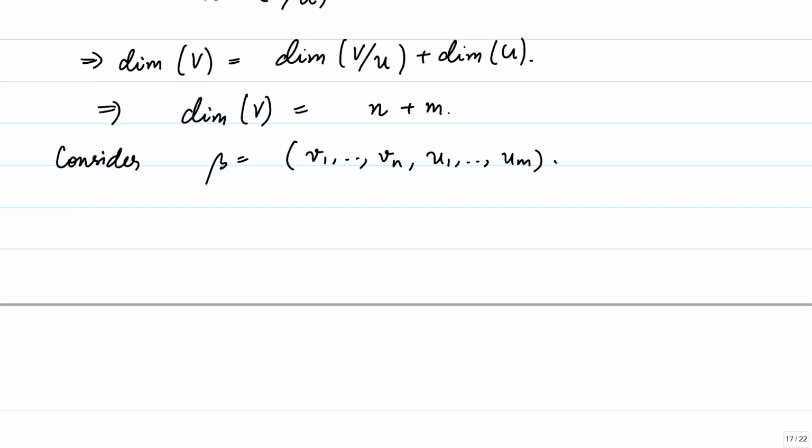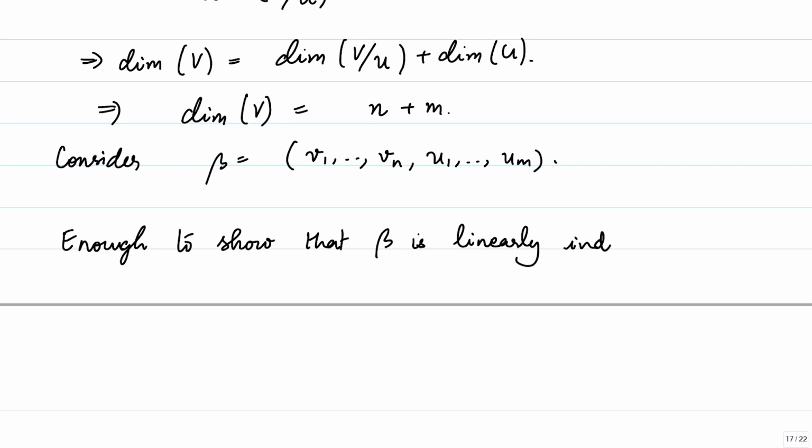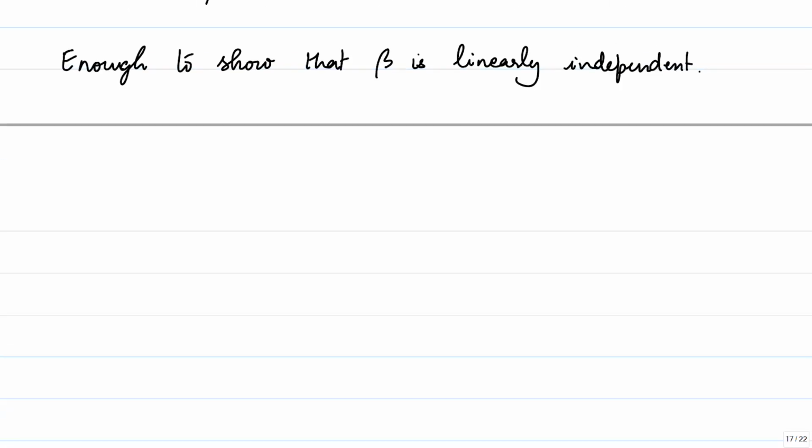So we will show that this is linearly independent. So to prove that this is a basis, it is enough to show that beta is linearly independent. Okay, so let's try to establish that. Let's take one linear combination which is equal to the zero vector.